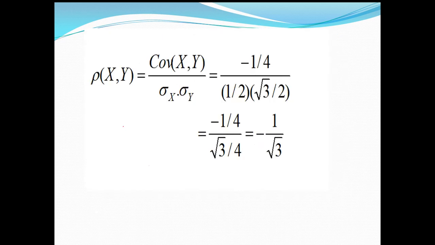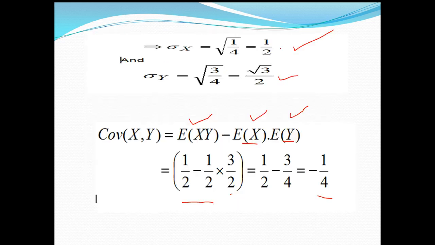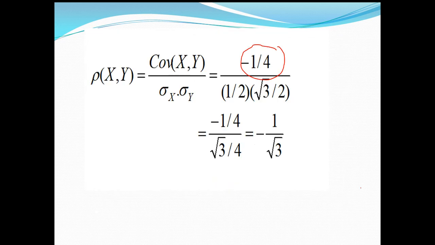Now correlation of x and y. The formula is covariance of xy divided by standard deviation of x distribution into standard deviation of y distribution. Covariance of xy we got in the previous step as minus 1 by 4, substituting minus 1 by 4, and standard deviation of x is 1 by 2, standard deviation of y distribution is root 3 by 2.